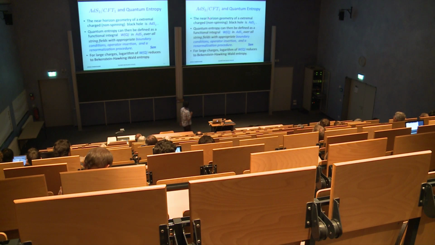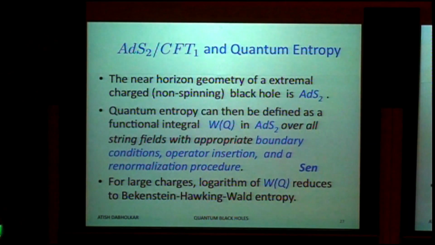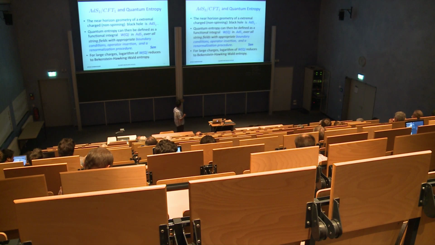And if you apply it to our black hole problem, then as we said, you have a near horizon geometry of some anti-de Sitter 2, and it gives you a very simple statement, a generalization of the quantum entropy that we are looking for. That the quantum entropy can be defined as the logarithm of this function W of q in anti-de Sitter space over all the string theory fields with some appropriate boundary conditions and renormalization procedure.